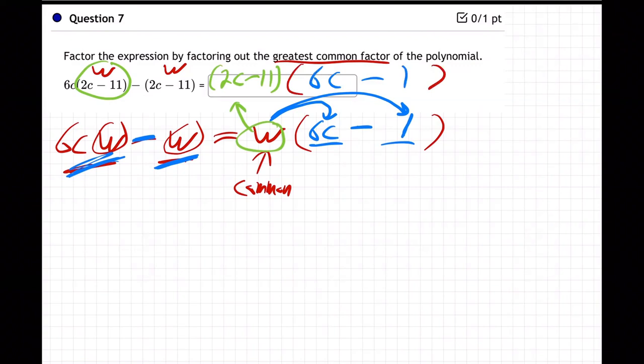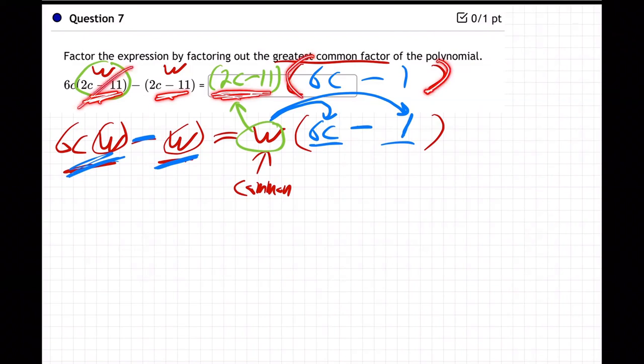Instead of taking out a W that they share in common and putting that W in the front, leaving 6c minus 1, we take the parenthesis 2c minus 11 that they share in common and put that in the front. And then the 6c minus 1.